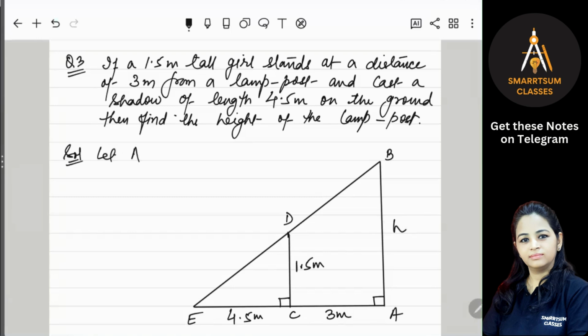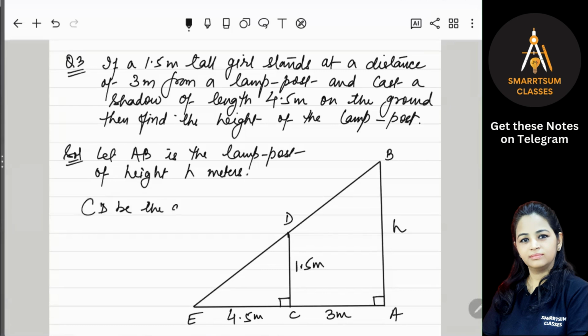Let AB be the lamppost of height H meters. Now CD be the girl, casting shadow, that is CE.